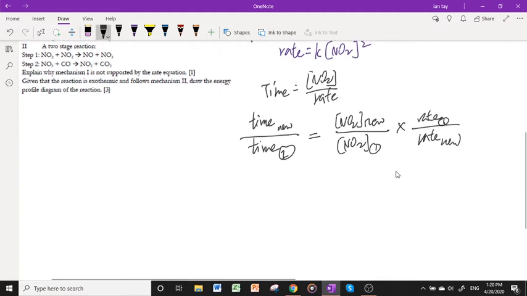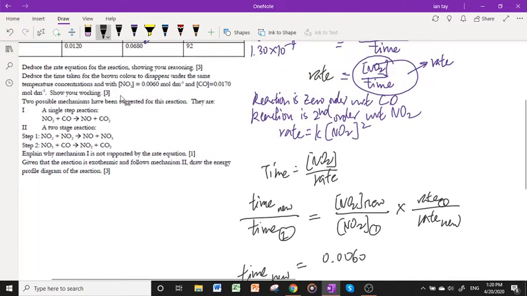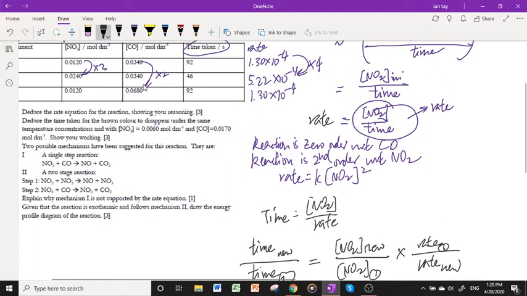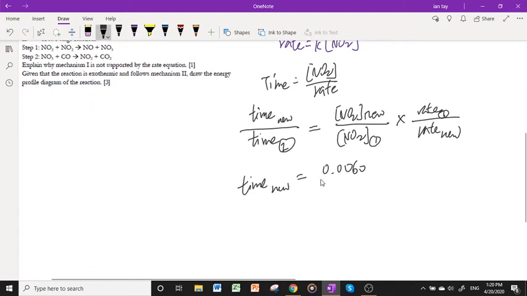Right? And then bring this over to the other side and substitute in the values. We get the new time equals 0.0060, since our new concentration is 0.0060, divided by 0.0120, times the initial rate in experiment 1 divided by the new rate.